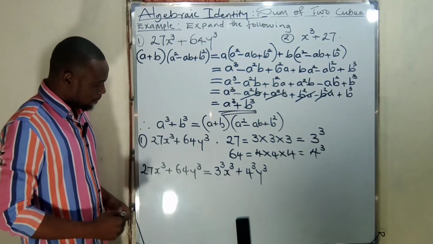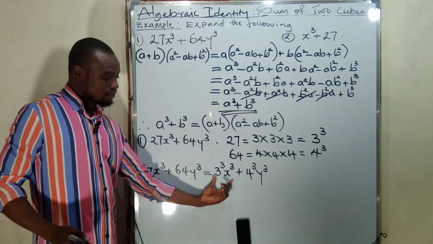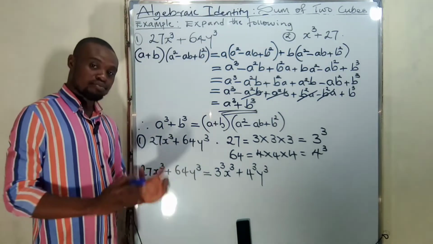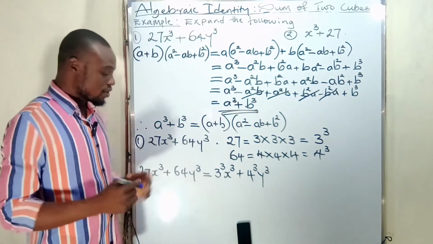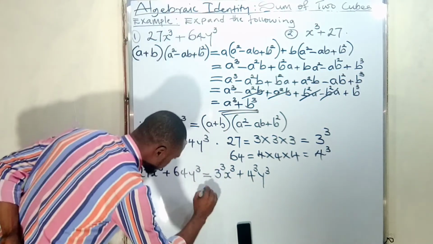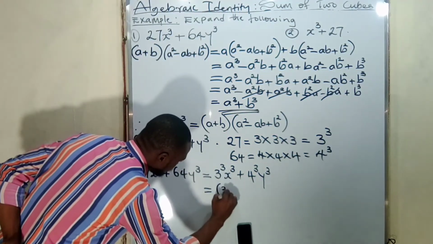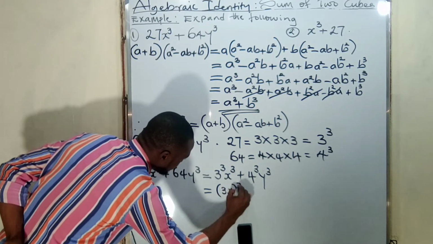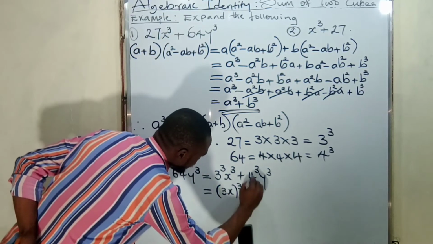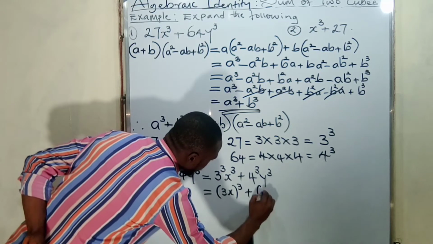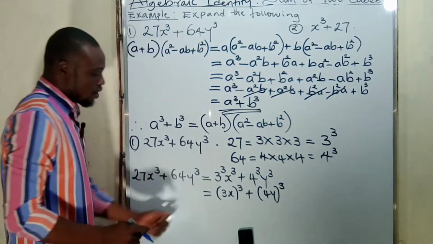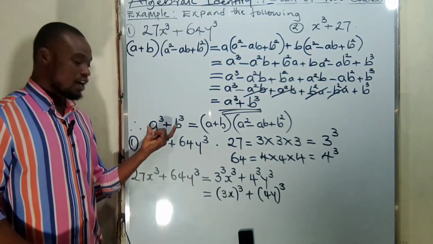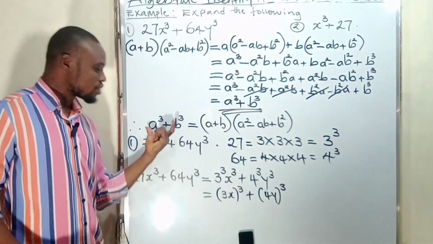So we can write this in a bracket and bring out the 3, and likewise we also write this in a bracket and bring out the 3. So this is something like this. Open bracket, we have 3x in the bracket and 3 up there, plus we have also 4y in the bracket and 3 up there. So now this looks like what we have here.